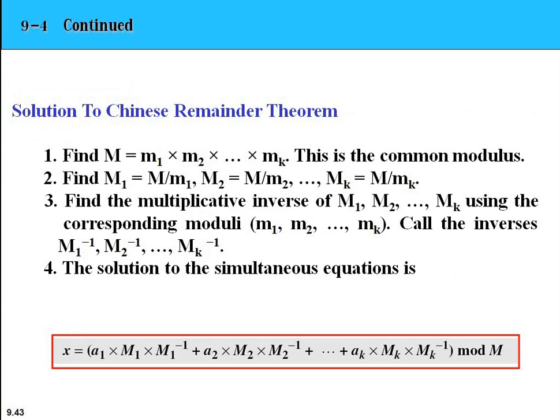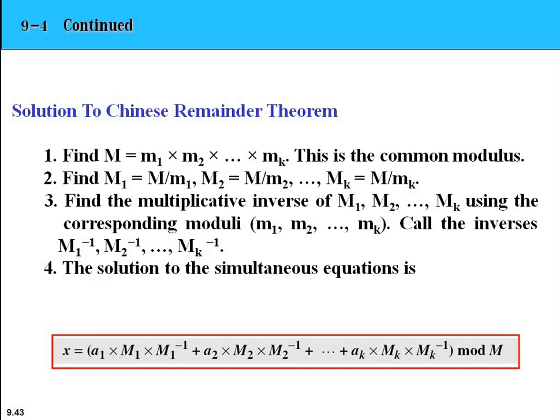These are the steps of the Chinese remainder theorem. First of all, we need to find a common modulus capital M that is equal to the product of small m1 into m2 up to mk. Then we will find capital M1 equal to M upon m1, M2 equal to M upon m2, and so on up to Mk. Then we need to find the multiplicative inverses of M1, M2, up to Mk using the corresponding moduli, that is small m1, m2 up to mk.